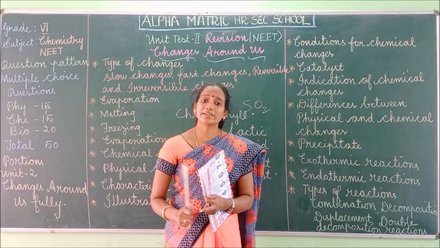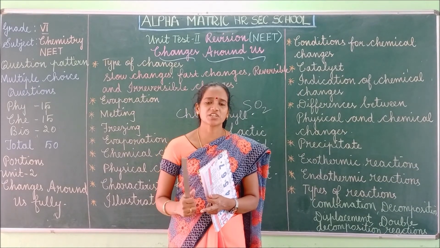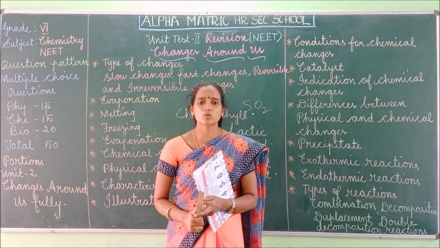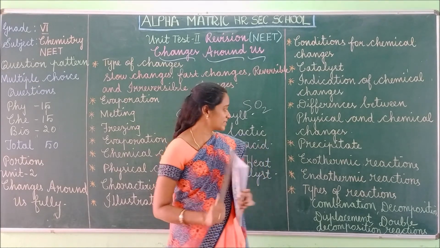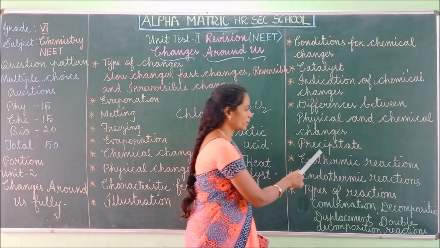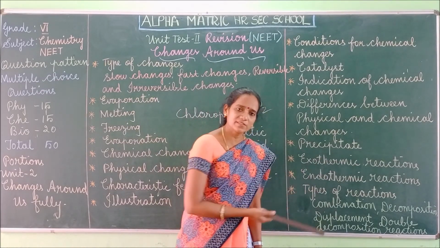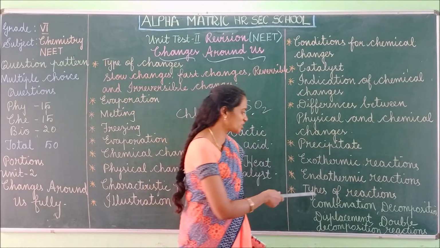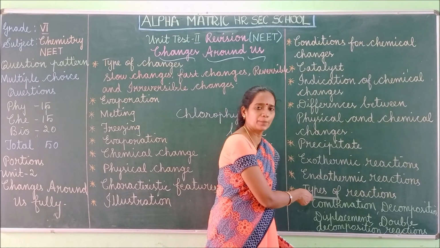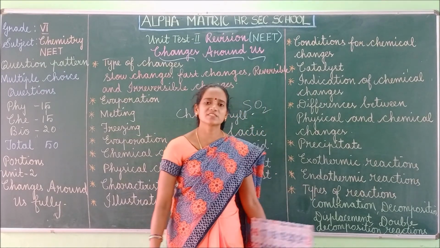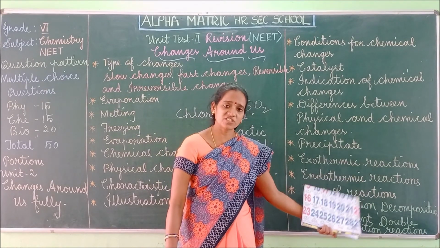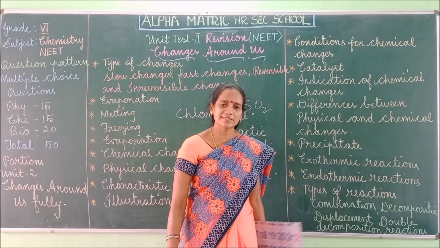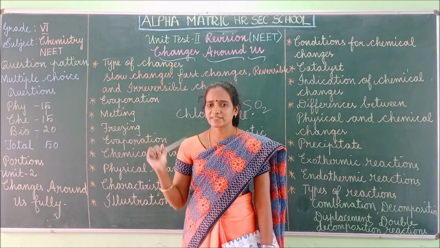Also we learned about the definitions like evaporation, melting process, freezing, sublimation process. And also we discussed the precipitate and what is meant by exothermic, endothermic reaction, followed by types of reactions. In that we discussed combination reaction, displacement, decomposition, double decomposition. All these things we discussed with examples.